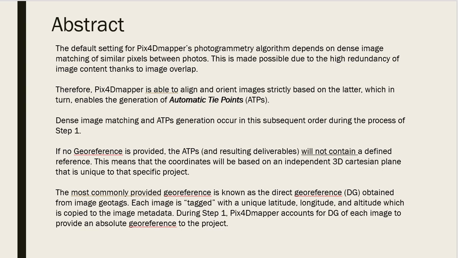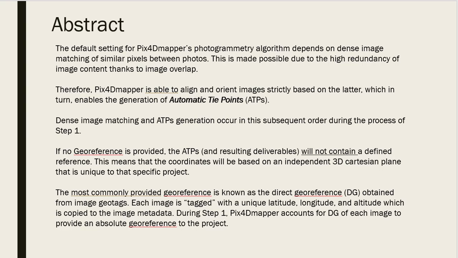So we're overlapping images, maybe even 70%, and that will allow Pix4D to align and orient images strictly based upon this overlap, which in turn enables the generation of what they call ATPs, or automatic tie points. The dense image matching and the ATPs occur during the process of what they call step one.